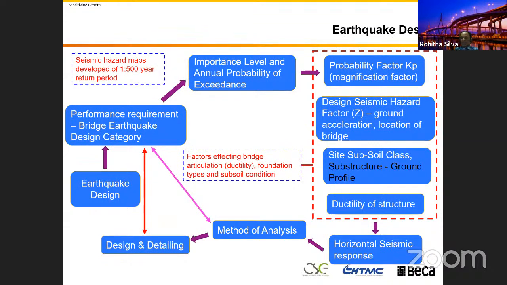If it is subsoil, that's another one. If it is stiff clay, it is different. And the bridge, as I mentioned, has ductility of the bridge structure, like a continuous span bridge, or a simply supported bridge on elastomeric bearings. So from these, we can develop what we call the seismic response spectrum.